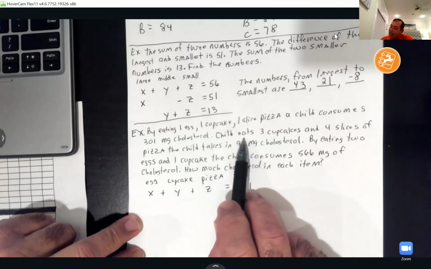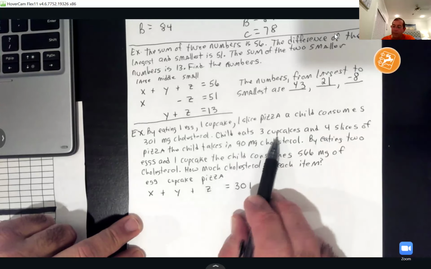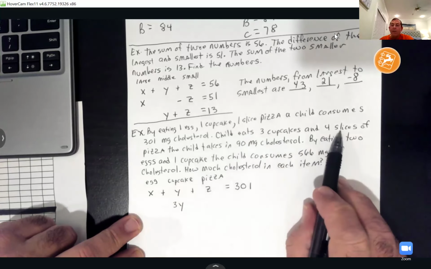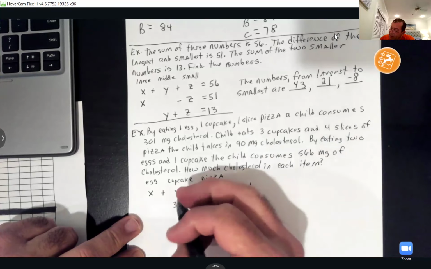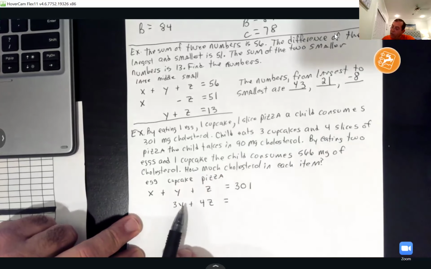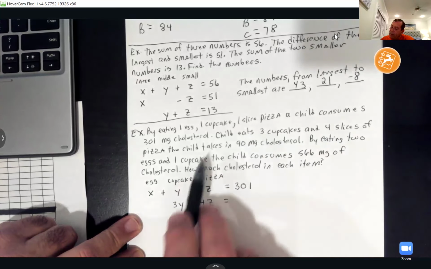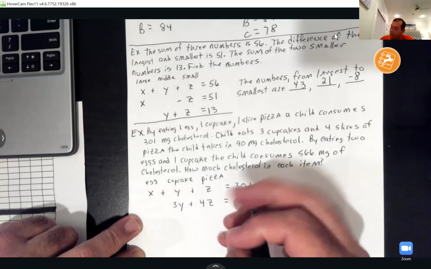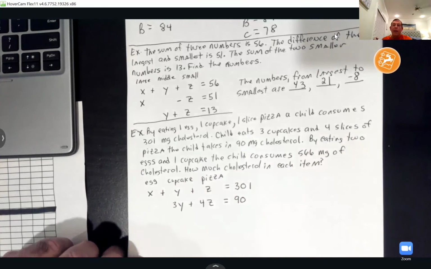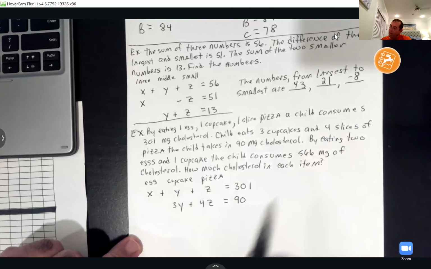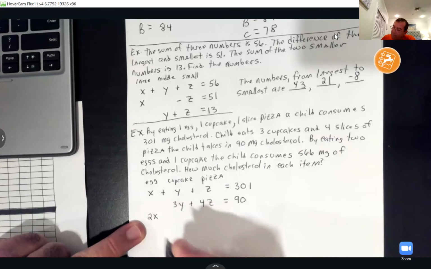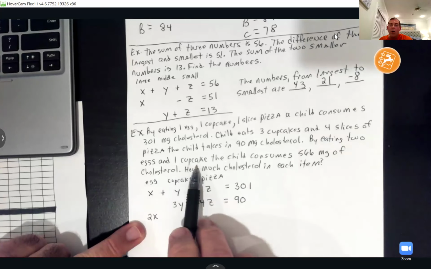So look at your second sentence. 3 cupcakes. Well, cupcakes is the Y, so that's going to be 3Y. 4 pizza. Well, pizza is my Z. So 4Z. If they ate 3 cupcakes, 4 slices of pizza, they took in 90 milligrams. And then finally, 2 eggs. So that'll be 2 X's. 1 cupcake.